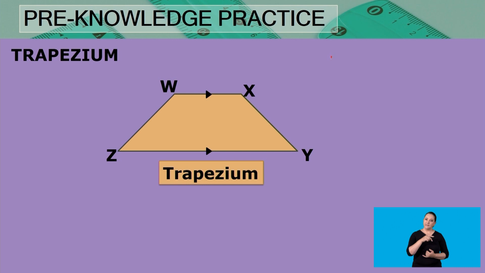So here WX is parallel to ZY, and that is when we have a trapezium. Of course, we also have an isosceles trapezium, which we are going to look at in more detail later on. When it's an isosceles trapezium, then we also have two sides that are equal as well. But we can look at that later in our lesson.